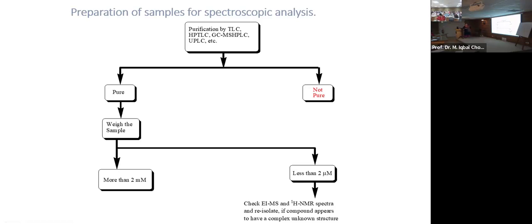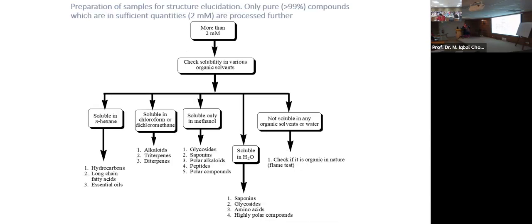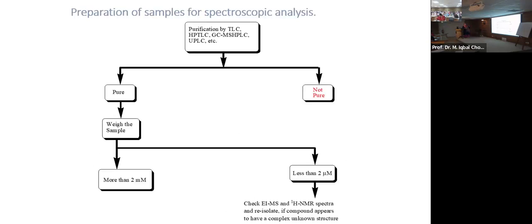If you want to check purity more thoroughly, you have to use UPLC, ultra high performance liquid chromatography, where you inject a very small quantity and can find out if your compound is very pure or not. But TLC is very handy, and every lab can do it. If you do not have a pure compound, you cannot proceed.